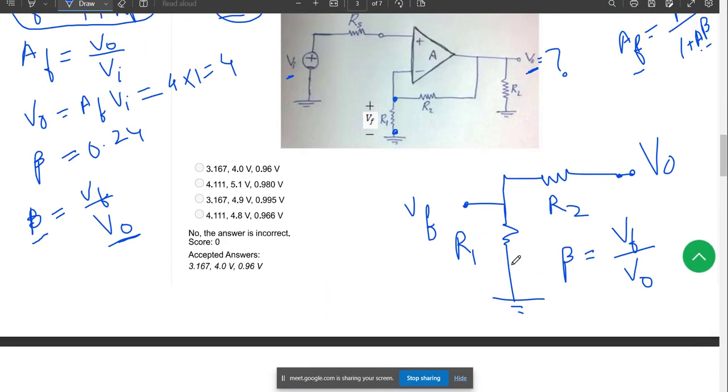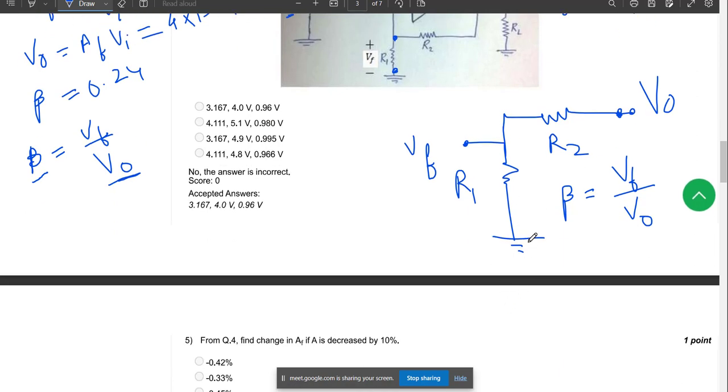Now we have the system here, the closed loop, right? We don't have anything else because this is what we want for the closed loop. We don't need the other branch, which is for the open loop. So here we already know beta is equal to VF by VO. Now take a current I going.